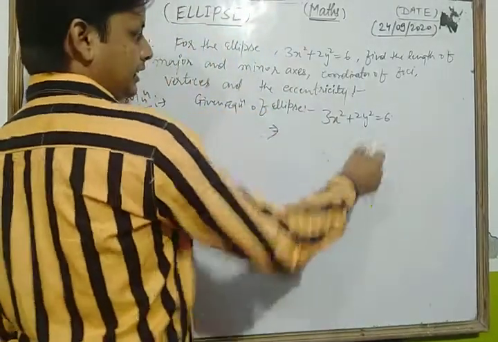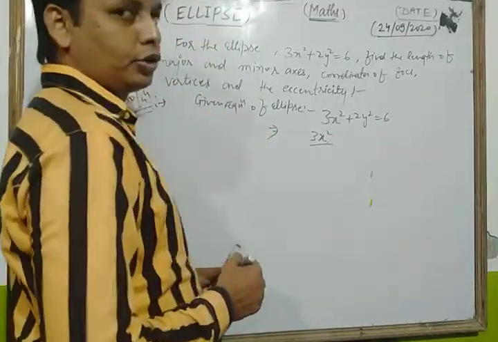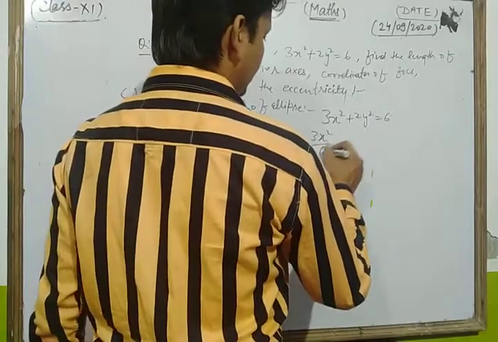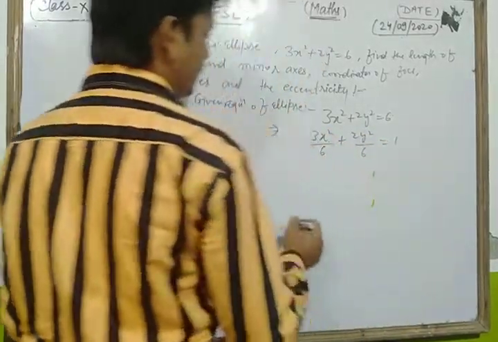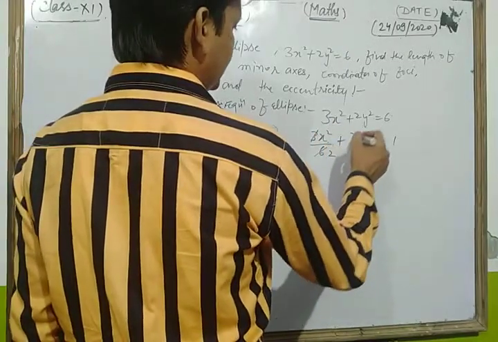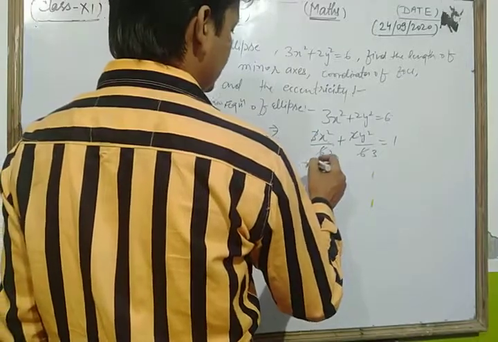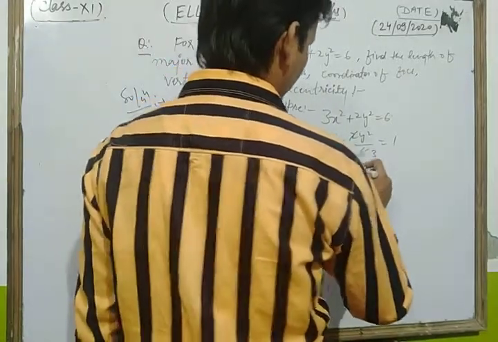Now let's see, we can write this equation in this way. First we convert the given equation of the ellipse into its standard form. 3x square upon 6 plus 2y square upon 6 is equal to 1. Now 3 twos are 6, 2 threes are 6. Now we have x square upon 2 plus y square upon 3 is equal to 1.